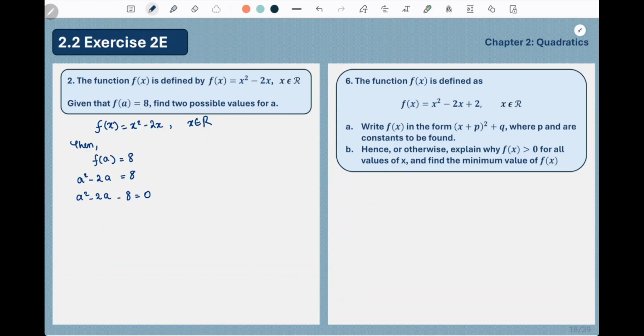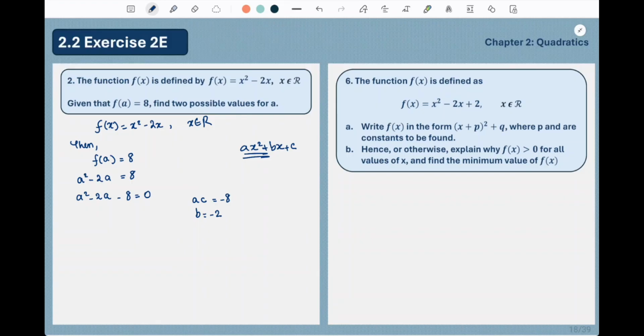Okay, so let's find two values where AC, referring to ax squared plus bx plus c, okay? So AC in this case is minus 8, b is minus 2. Let's find two numbers that when you multiply them together, it gives you minus 8, and when you add them together, it gives you minus 2.